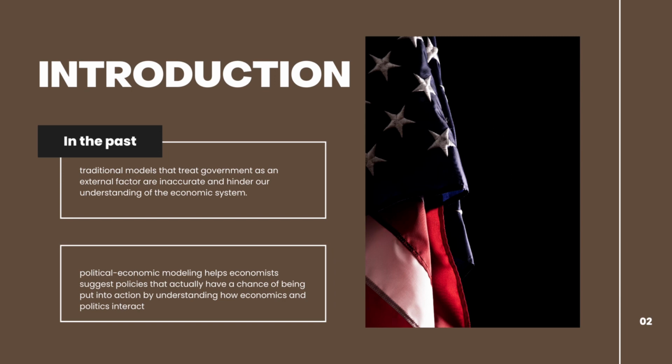Now, why is this important? Because what the government does significantly shapes our economic futures. Macro models that treat the government as an external factor struggle to predict economic events accurately. Also, economic advice tends to miss the mark when it overlooks political consequences. For example, suggesting a deflationary policy right before an election poses a big risk of losing voter support.